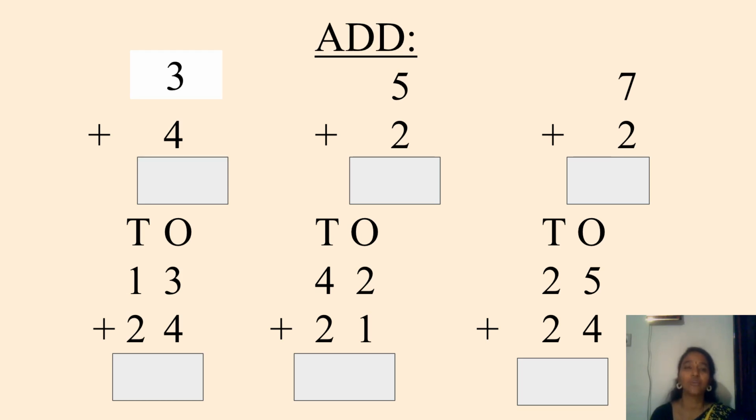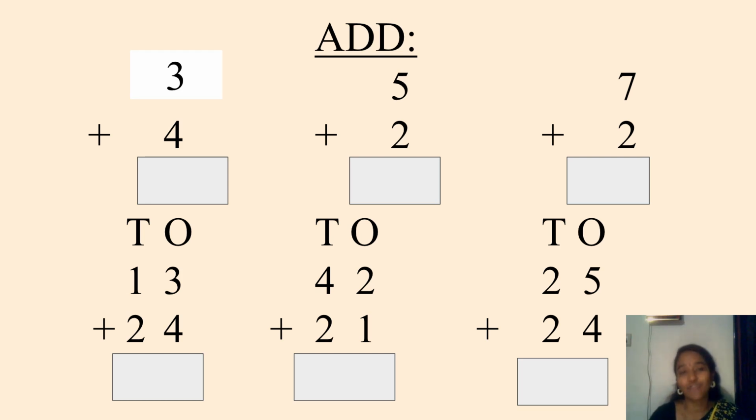Now what I'll do is, I'll teach you a smarter way of doing addition because you have come from first to second, means you are going up, right? Now, in order to add 3 plus 4, keep the bigger number in your mind and take the smaller number in your hands.